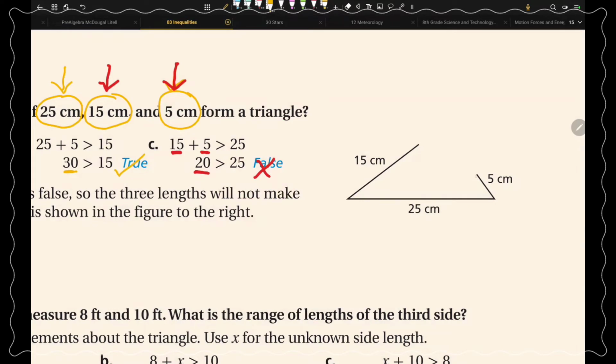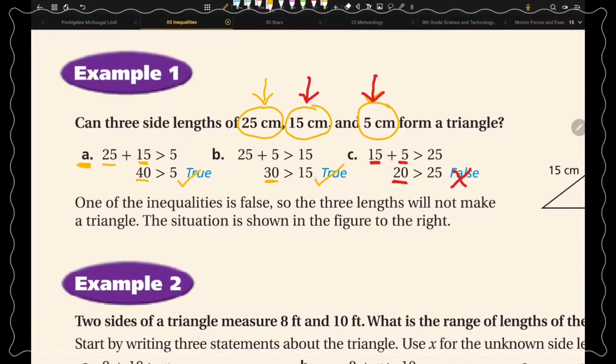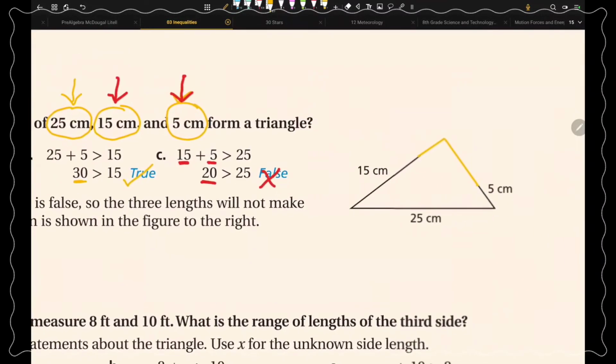Here's what the real triangle needs. So we need something more on this side and something more on this side, right? So the inability to get a true statement out of all the different combinations of two sides versus the third side makes it that this triangle is not a viable triangle. It's not a triangle that can really exist.